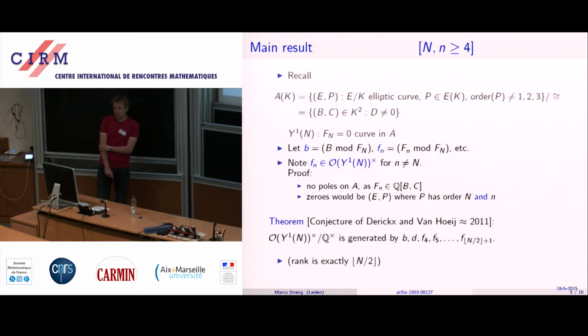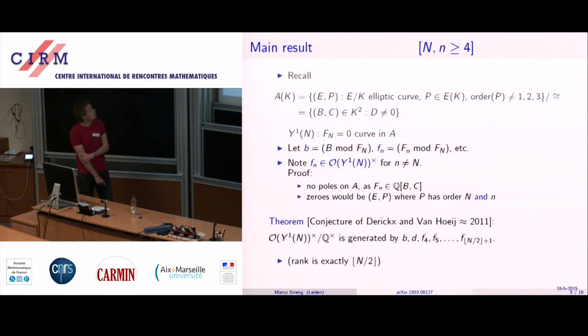So what did that mean? That meant that this is a rational function on there. Well, of course, it's given by a polynomial, but also it has no roots and no poles on this affine curve Y1(N). Well, to see that it has no poles is really easy. It's a polynomial, so all of the points where it takes the value infinity will be at infinity, and we're talking about something inside the affine plane.